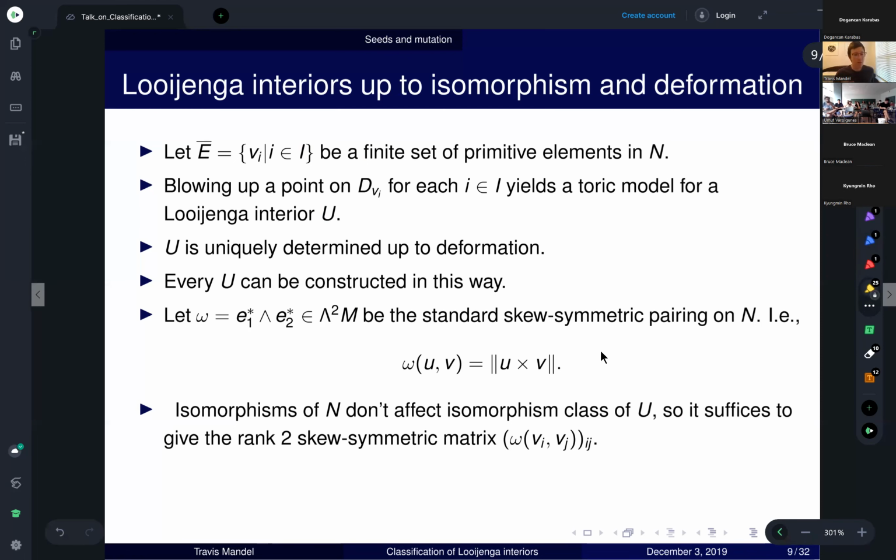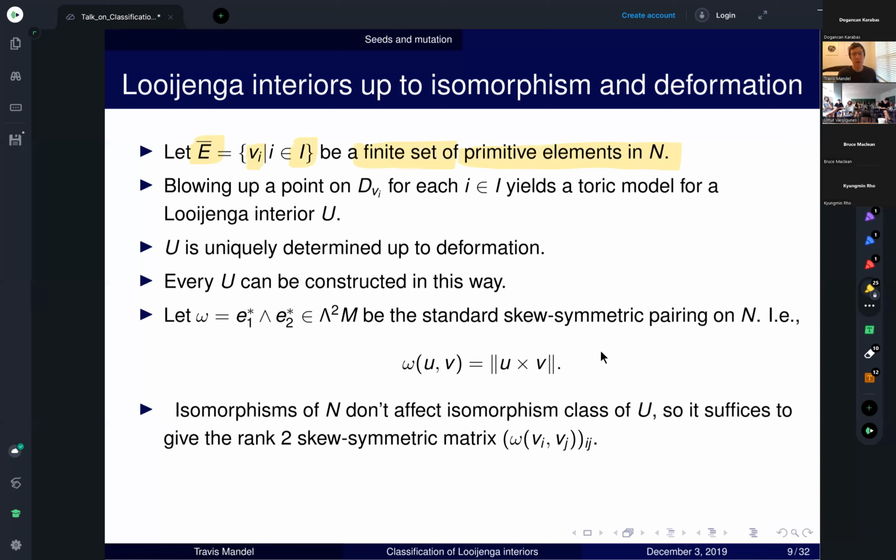So up to those deformations, all we need to do is say which boundary divisors we're doing our non-toric blowups on. So on this slide, I'll tell you a way to basically just list off those boundary divisors. We'll let E bar be a set of elements v_i parameterized by some finite index set I. So this will be a finite set of primitive elements in N. We'll assume they're primitive for this talk.